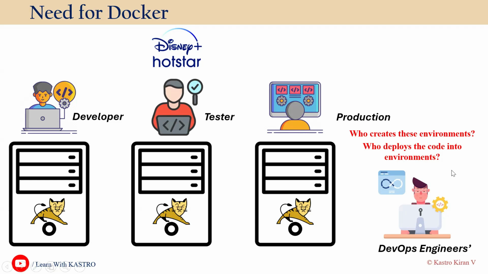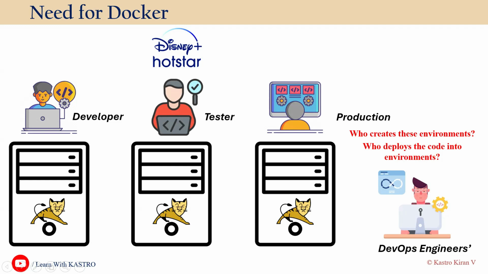Now, in each environment, it's not just the Tomcat server that should be available. Along with the Tomcat server, they might also need a Java-based code or Java application, and they might also need certain kinds of dependencies. So there will be multiple software involved in the process of creating an environment. Now, let's say the developer is using Tomcat 9, and the testing team is using Tomcat 7.